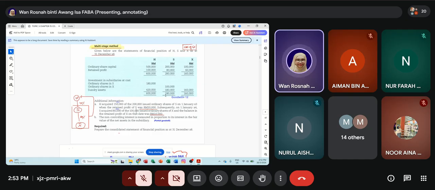Okay, so in order to get the NCI, remember you have to get the net assets of the subsidiary on the date of acquisition, and you multiply by the NCI portion. Just now we have 25% NCI portion for the first part, which is H's shareholding in S, and 20% in X.